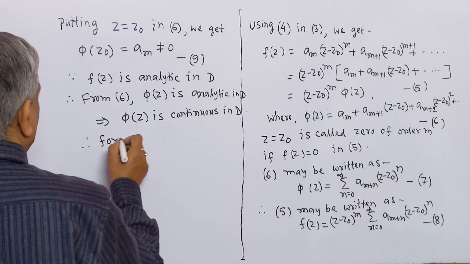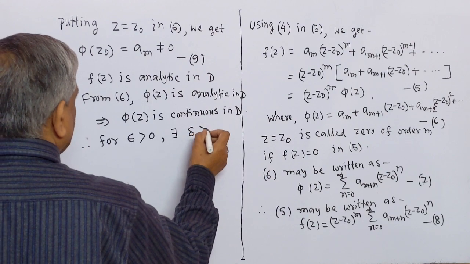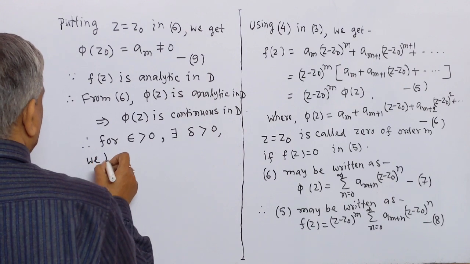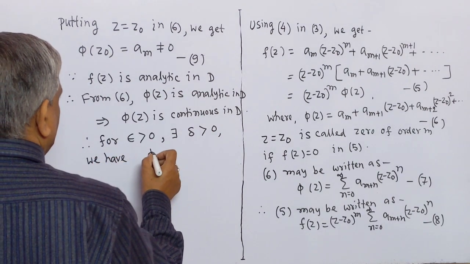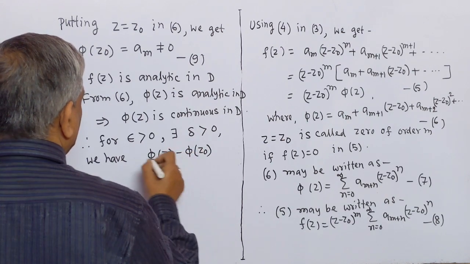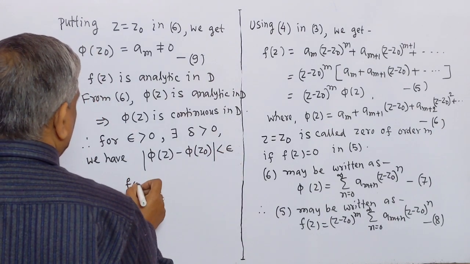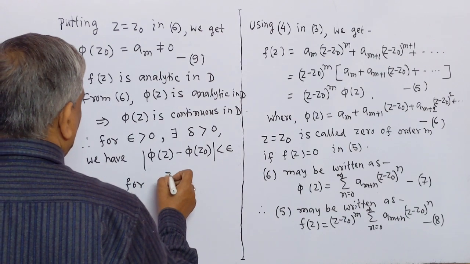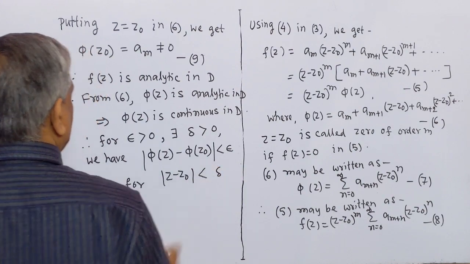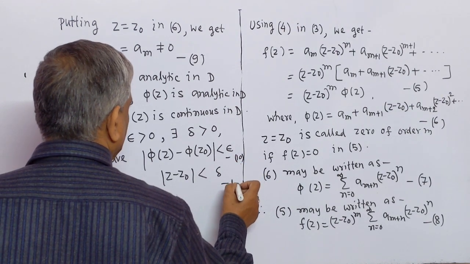Therefore, for epsilon greater than 0, there exists delta greater than 0. We have modulus of phi(z) minus phi(z0) less than epsilon for modulus of z minus z0 less than delta. This is number 10 and this is number 11.